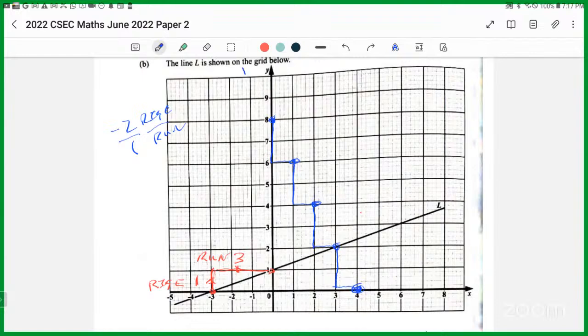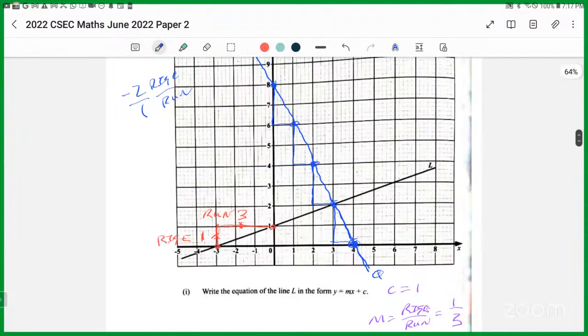So looking at a line that goes like this. This is the line Q. It's just the rise and the run. These are different colors for the rise and the run.